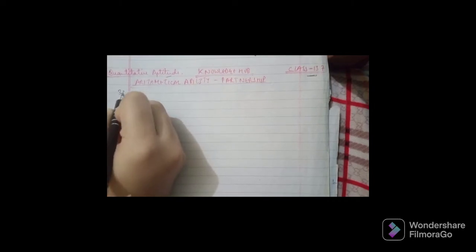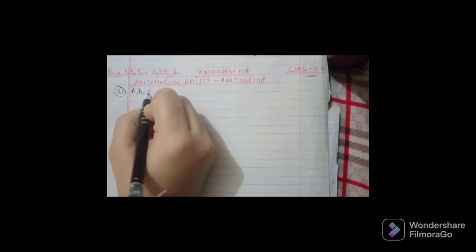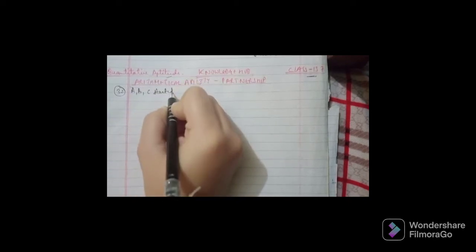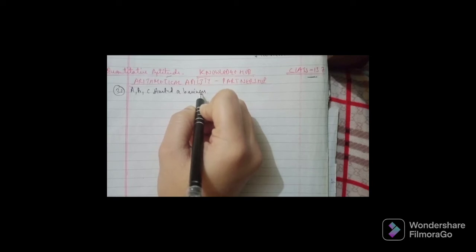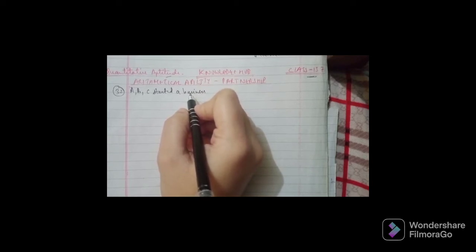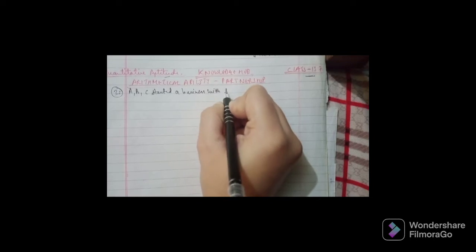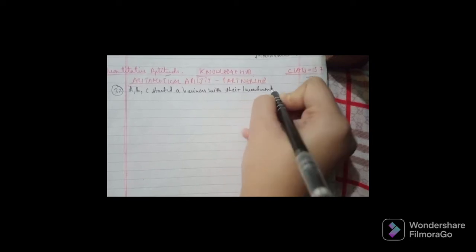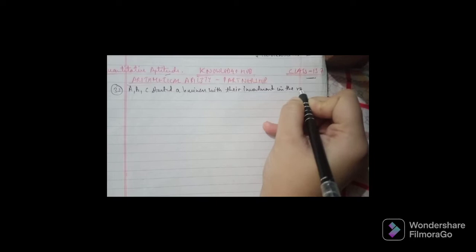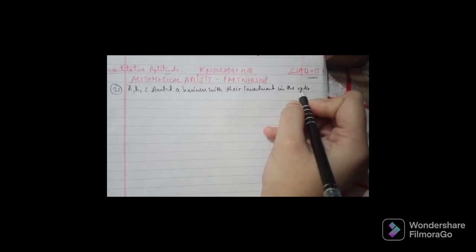The 32nd question. A, B, C started a business with their investment in the ratio 1:3:5.